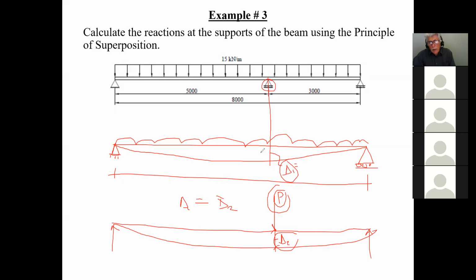So if I apply a force P going upwards here, will that bring the beam back up to straight? In other words, if I apply a force P going like this, will that make the beam straight again? Yeah. Okay, so P becomes your reaction. So you already solved for your reaction, and now that I know this reaction, I can go and solve for that reaction.